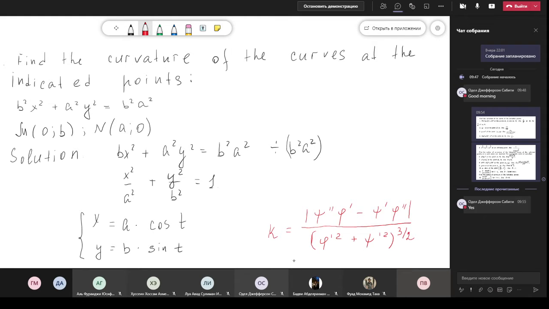This is in parametric form, if x is phi of t and y is psi of t.